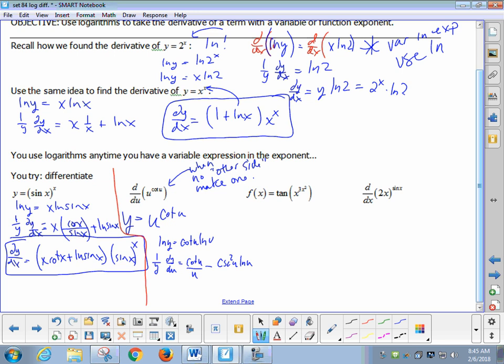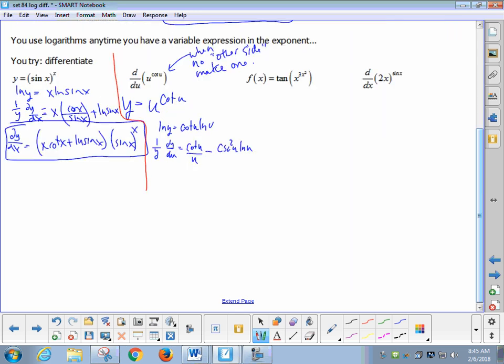Remember your cotangent derivative? A little bit of review doesn't hurt.